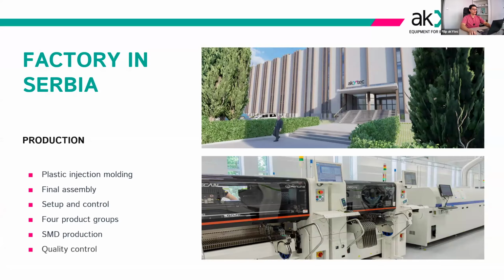This local production allows us to maintain high quality standards while staying flexible and cost efficient. And in the picture, you can see our factory in the beautiful city of Niš, which is located in the southern part of Serbia. And in the bottom picture, you can see the insides and the production line.